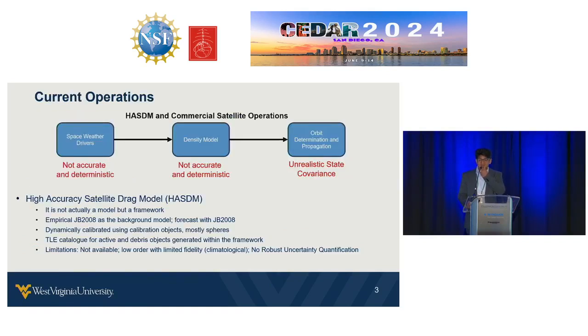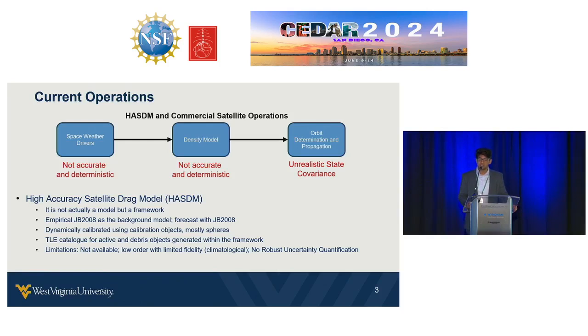So how are we doing things today? Like I mentioned, HASDM, the high accuracy satellite drag model, is the current operational standard. While in its name it says model, it's actually not a model, but a framework that uses the empirical JB2008 model as the background. And it has a lot of other characteristics, including generating the TLE catalog as part of operations.